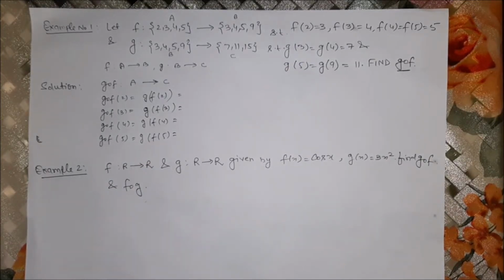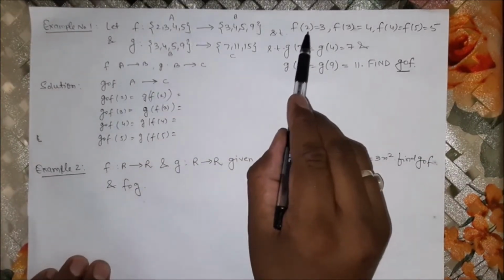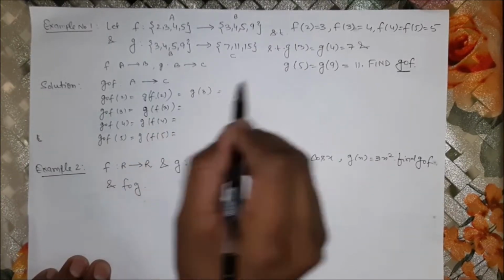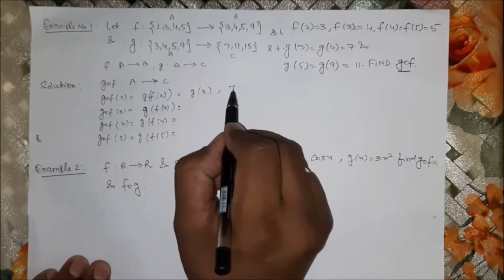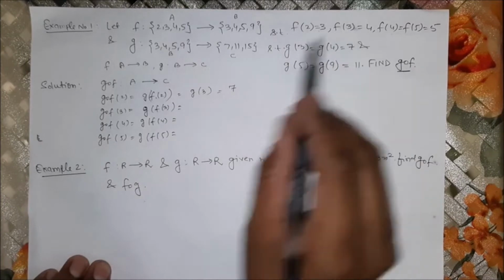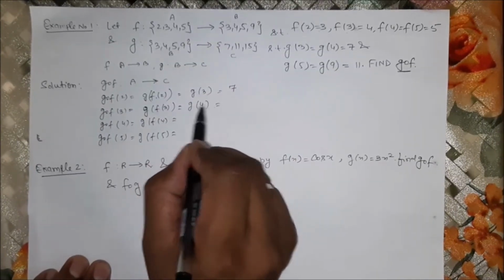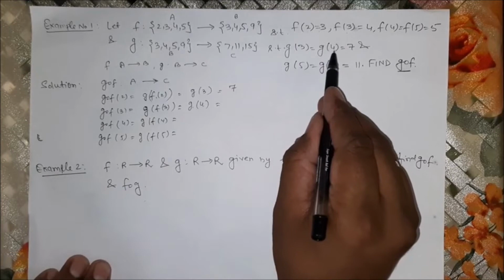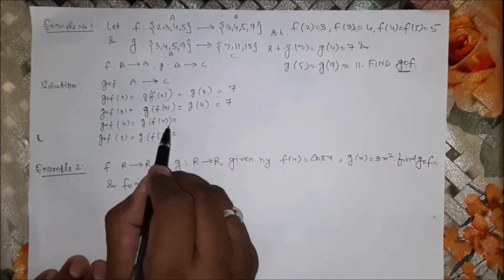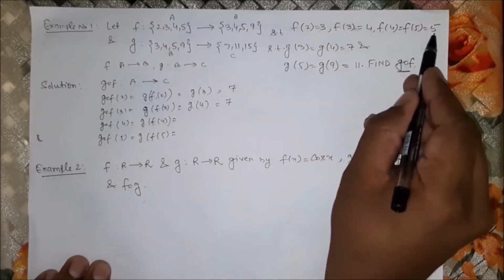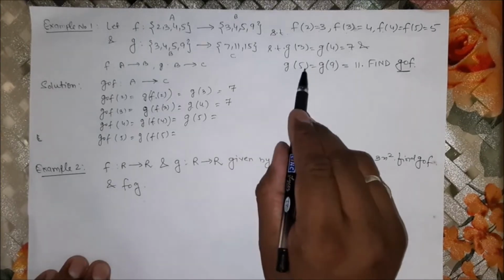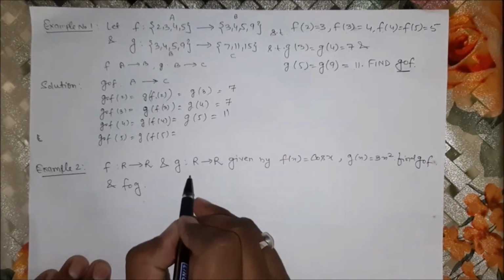Alright, now you can see f of 2 is equal to 3, so this value becomes g of 3, and g of 3 is equal to 7. f of 3 is equal to 4, it becomes g of 4, and g of 4 is equal to 7. f of 4 is equal to 5, so it becomes g of 5 and the value of g of 5 is 11.